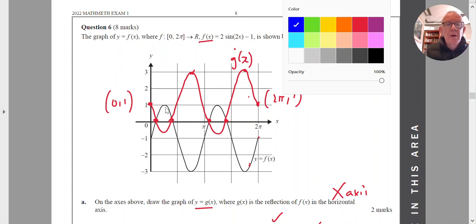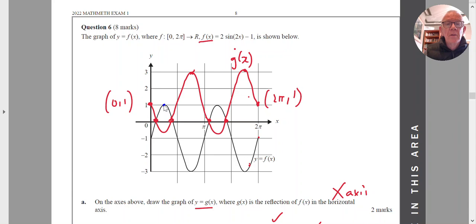If I move my black one to the right to here and then move it up a matter of 2 units, then this point is going to go to that point. This point will go to that point. This point will go to that point.